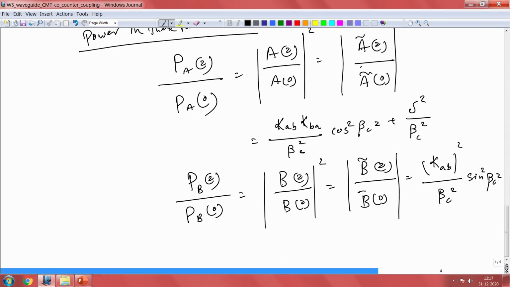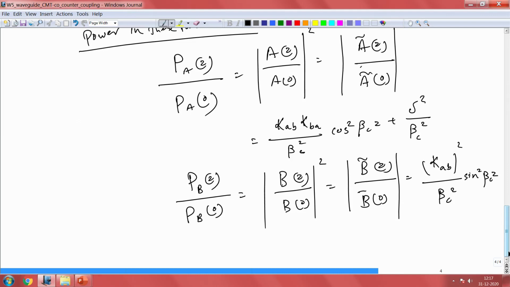Okay. I'm not sure whether you are able to see this. Sine squared beta C z, right. So, this is how the power is going to look like, right.